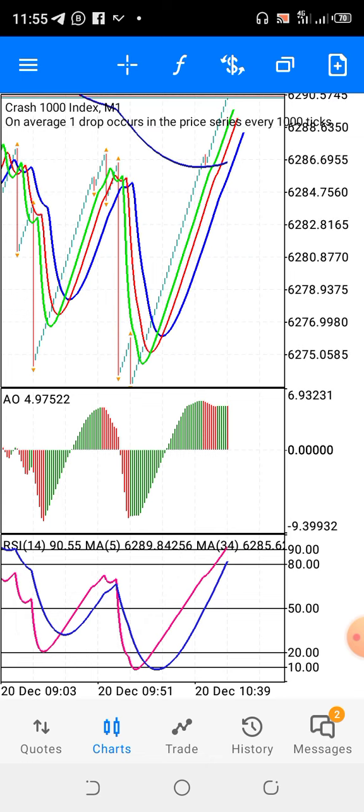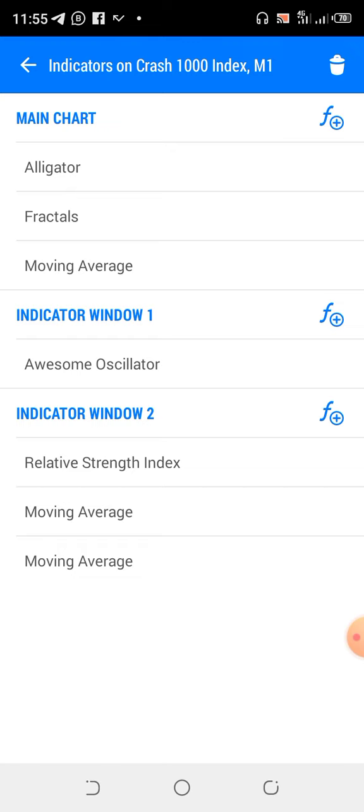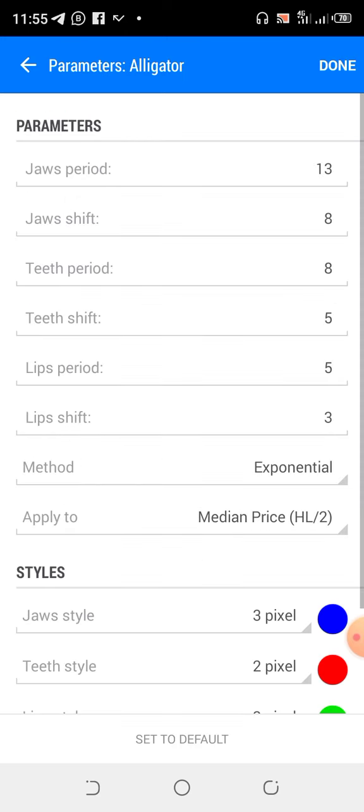So let me quickly show you the indicators for those who did not watch the previous video, the main video where I explained everything in detail. Just check my description, you will see it. The Alligator 13 8 8 5 5, trend exponential, median price.